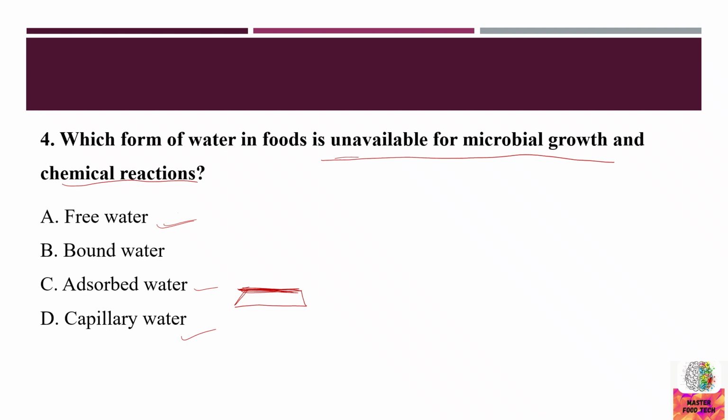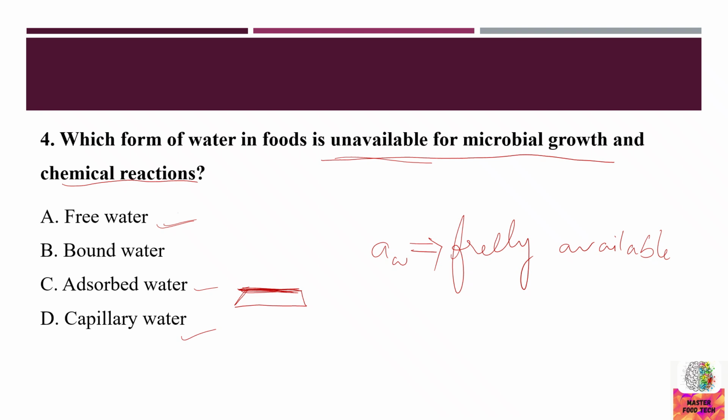So which water is unavailable for microbial growth? This question is directly related to water activity, symbol aw. Microorganisms can grow only when the water is freely available. So you can define water activity as freely available water.